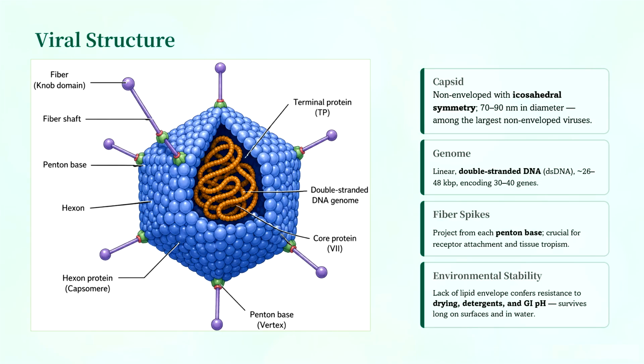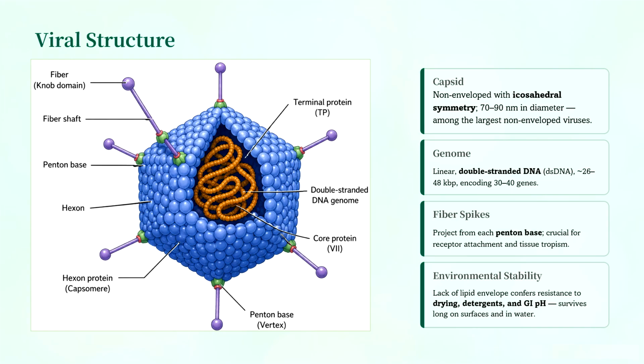Structure of the adenoviruses. These adenoviruses are non-enveloped viruses, making them resistant to drying, detergents, and many environmental conditions. They possess an icosahedral, that is 20-faced, capsid with a diameter of approximately 70 to 90 nanometers in size.